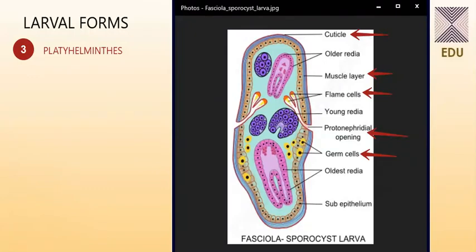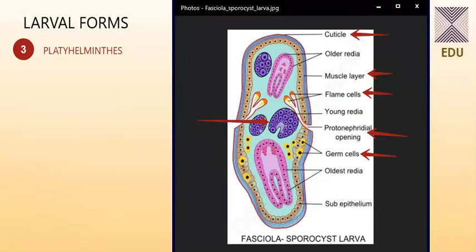You can very well see the presence of the next larval forms inside it. On the left side I'll be demarcating these, the young Radial larvae which are present inside the body of the Sporocyst. So Radia are the third larval forms which will develop from the Sporocyst larva.